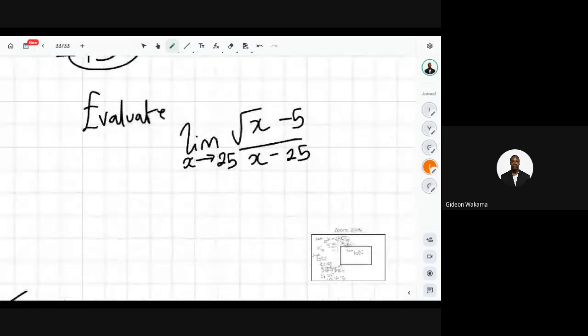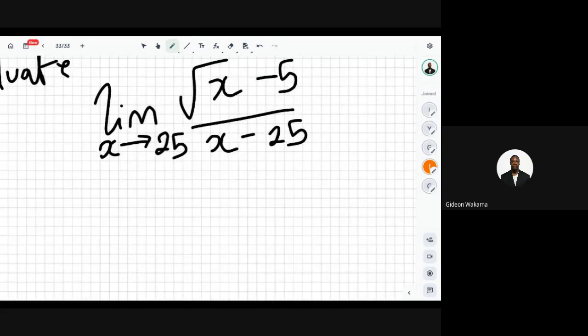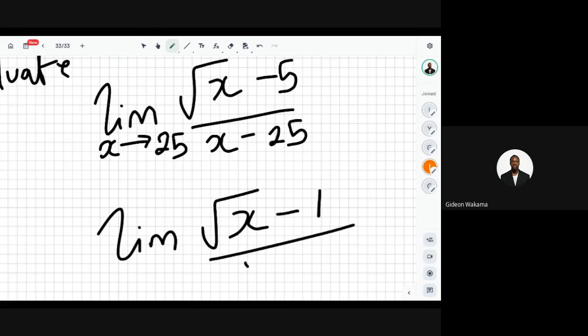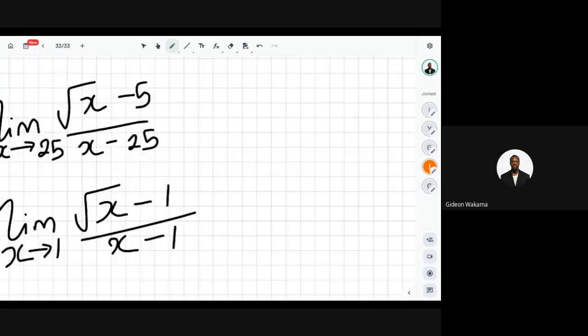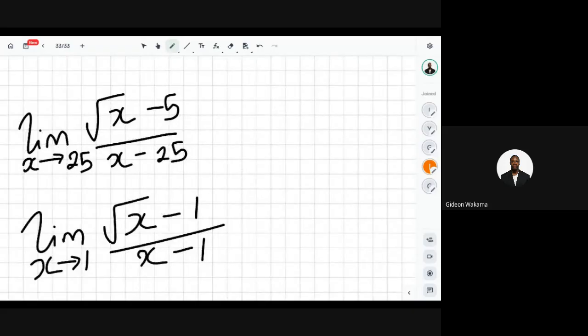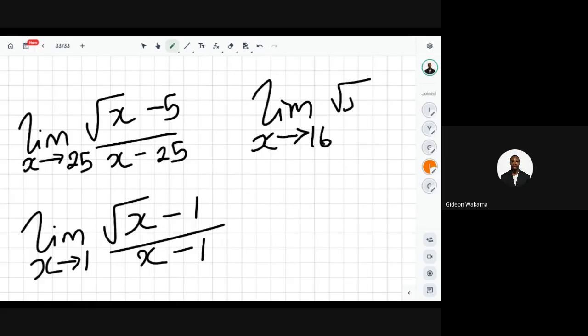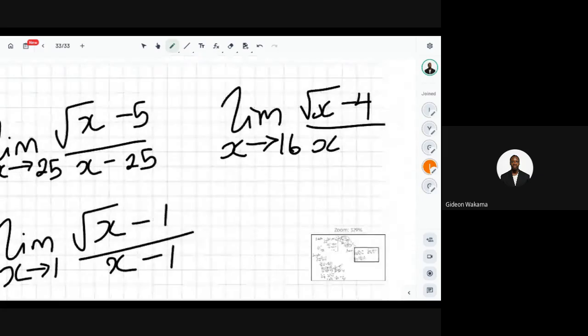Another person should solve this. As one is solving this, another one should solve the limit of root x minus 1 over x minus 1 as x approaches 1. Another person should solve the limit as x approaches 16 of root x minus 4 over x minus 16.